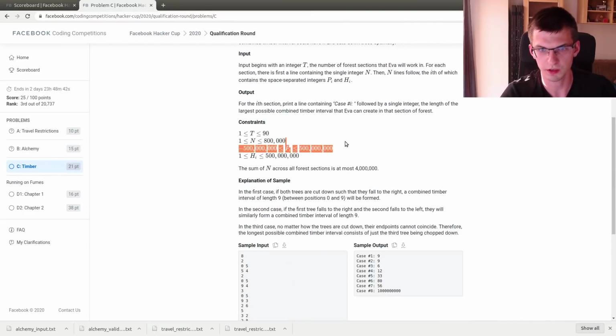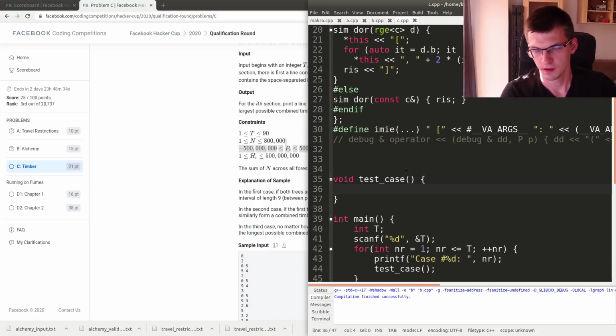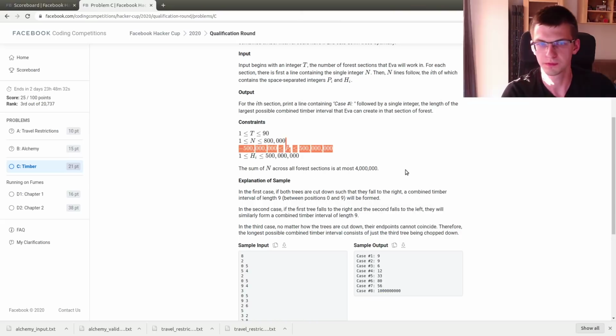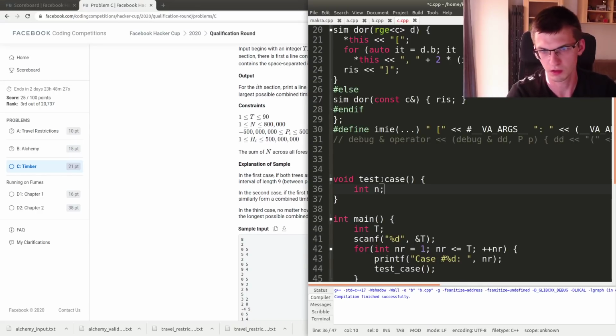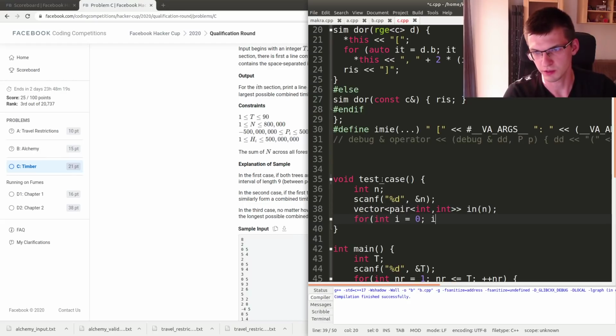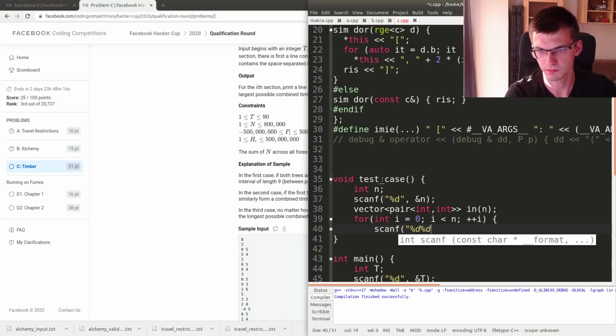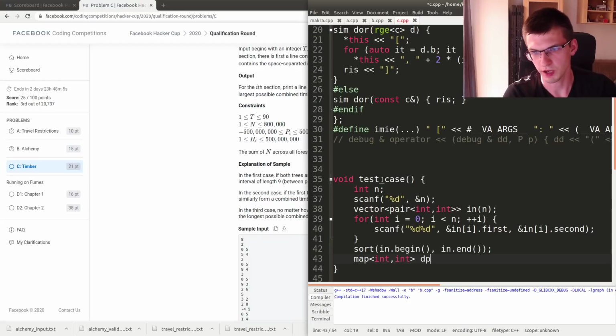Values are up to 1 billion, so I need a map. Sort from left to right. Read the input. Sort. Create a map, DP.